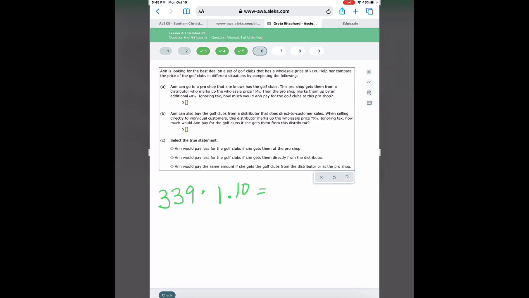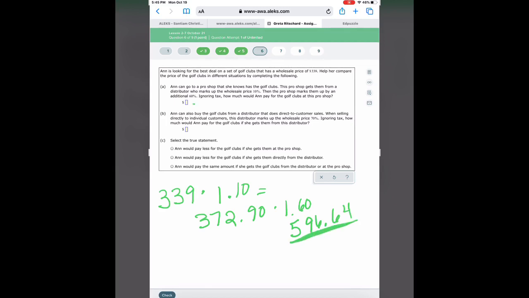So we have $339 times 1.10 is 372.9, and then it's going to mark it up 60 more percent. So we're going to go times 1.60, and we have $596.64. Okay, that's this price.